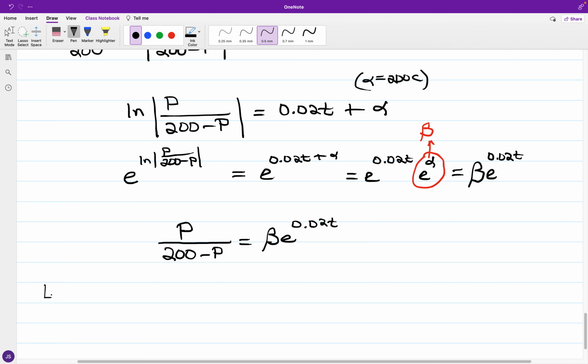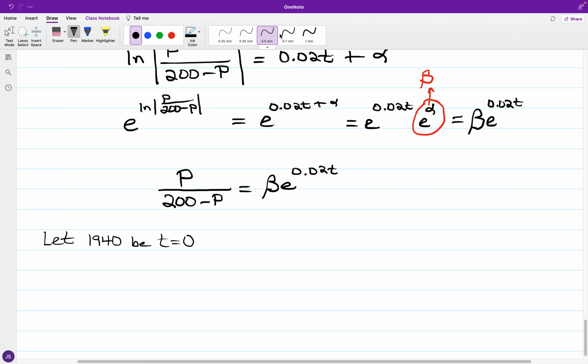Okay, so we'll just let 1940 be in reference to t equal to 0. All right, so for the 1940 population, again, that was at 100 million.